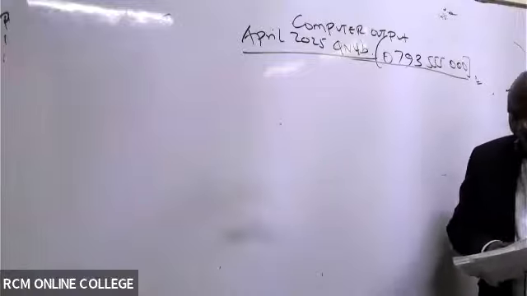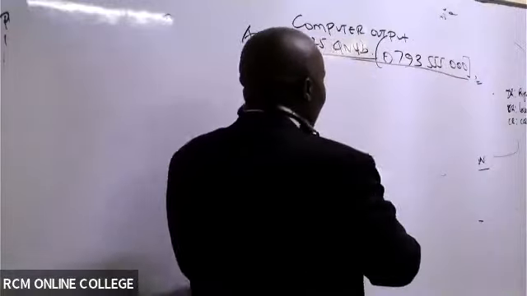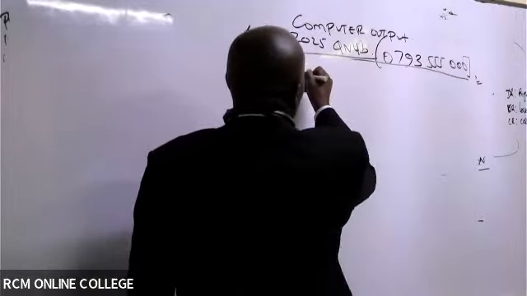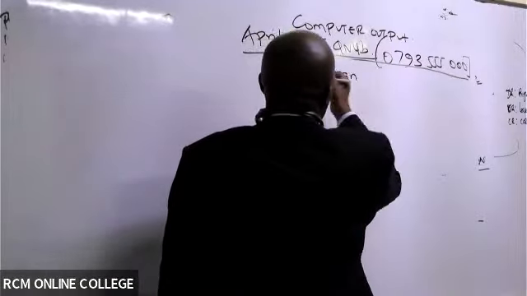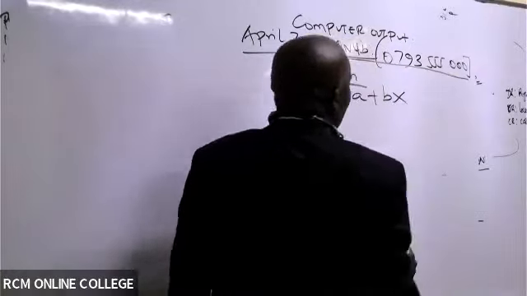When I do my regression analysis, the cost that is to be estimated, you see now this is a multiple regression equation. A simple equation goes like this: Y equals A plus BX.